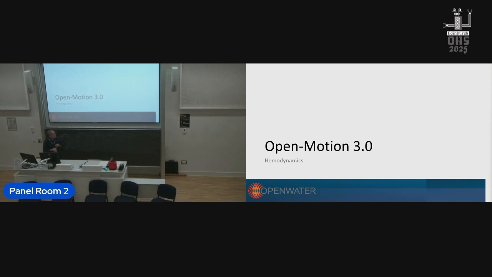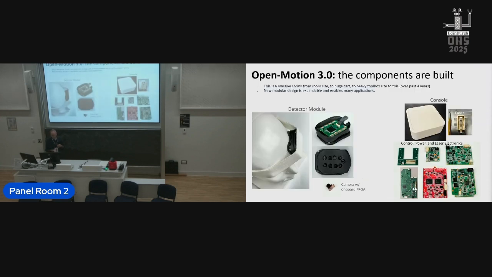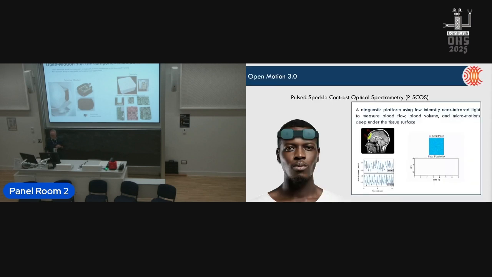So just a quick overview of the two devices that we have right now. Open Motion is a pulse speckle contrast device that is non-invasive, and we have developed everything, including some of the components that we had to design ourselves. The laser is one of these, but we've got all the components right now. You can go to our GitHub and see the designs.